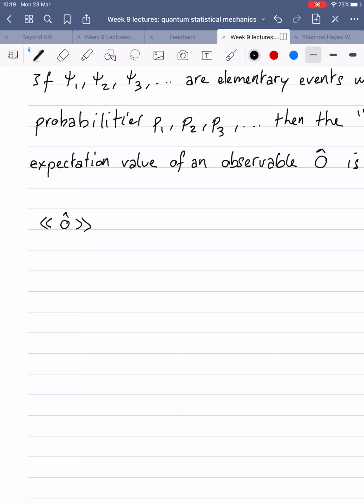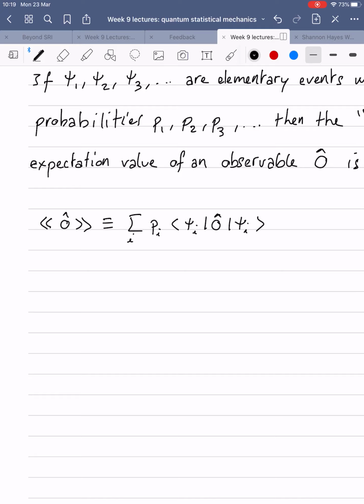It's denoted with double angle brackets, and it is the sum over i, up to the number of states in my sample space, of p_i times <psi_i|O|psi_i>.